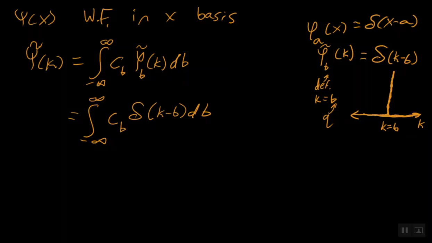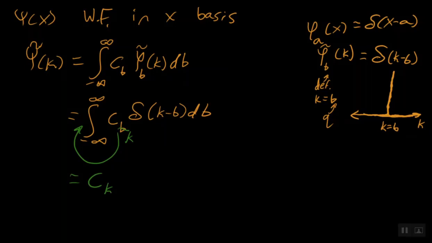And now we know this trick all too well. We can turn this b into a k and bring it outside the integral, and the remaining integral is equal to 1, and so this is c sub k.